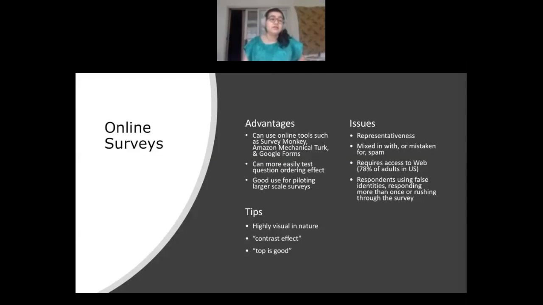Web-based surveys are becoming very popular. They're easy to develop. You can use a bunch of tools like SurveyMonkey and Amazon Mechanical Turk, which is a website where researchers can post questionnaires, and the researchers develop a financial rate that the questionnaire respondents get as a monetary value.